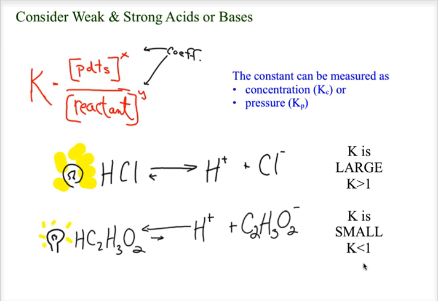It's either going to be small or large by comparison. In general, we have K, just the general capital K, but depending on whether we're working with solutions or a total gaseous equilibrium, we might use Kc for concentration, or equilibrium in pressure. More on that later.